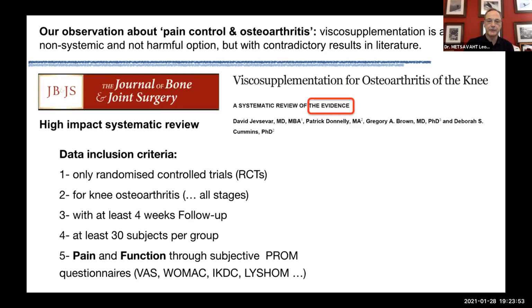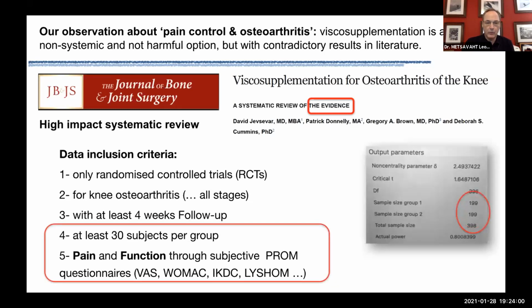We went back to the computer and saw that for these subjective scores, we would need at least 199 patients in each arm of the RCT to have statistical relevance. So that made us very curious about these conclusions based on very small sample sizes for subjective scores.